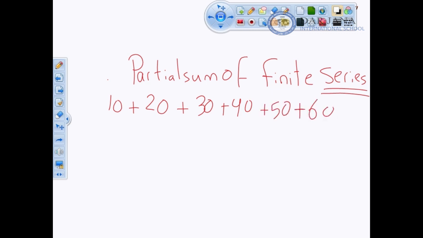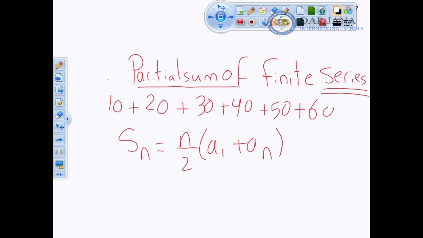This one is easy. We're going to use the formula of the partial sum of a finite series. It's as following. Sn is equal n over 2 times a1 plus an. N is the number of terms of the series. a1 is the first term and an is the last term. If you look here, how many terms do we have? 1, 2, 3, 4, 5, 6.